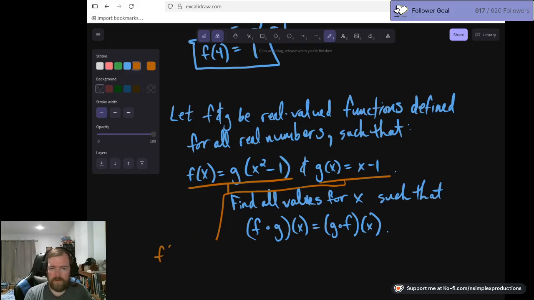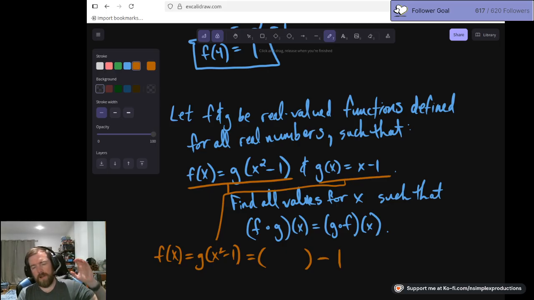Alright, so f of x is equal to g of x squared minus 1, which is parentheses minus 1. Because again, here, the structure of this bit is still going to be g of x overall. So it's x minus 1, but now the x is being taken out, and then it's all the leftover stuff.